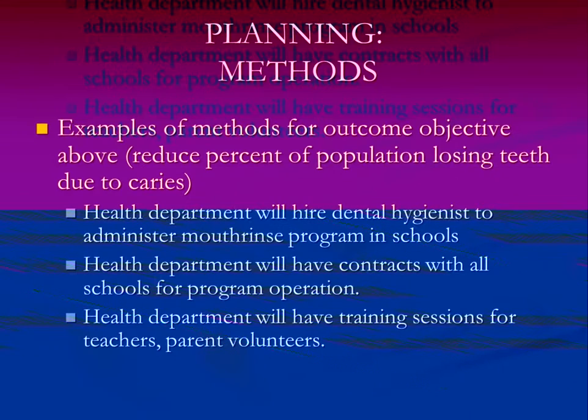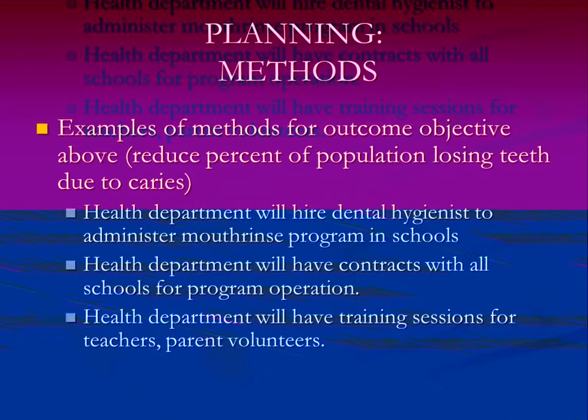So let's think about our outcome objective that we discussed in the previous video, which was by 2020, no more than 10% of the population aged 6 to 17 years old in Toothtown will have lost any teeth as a result of caries.